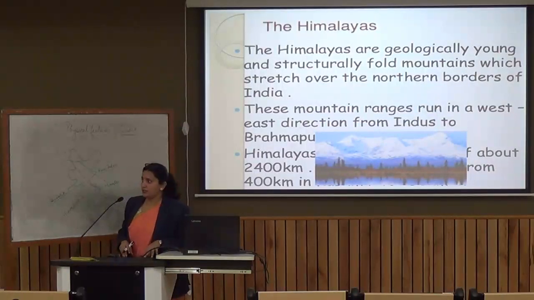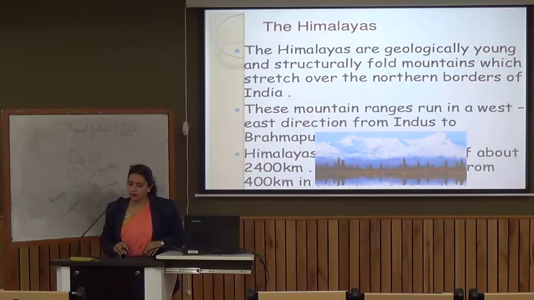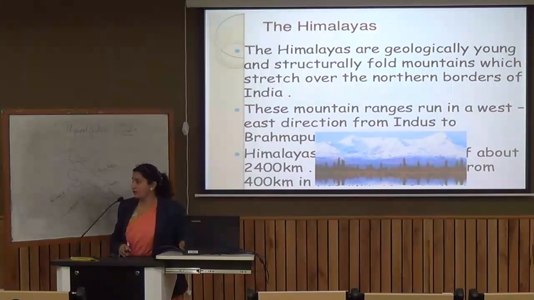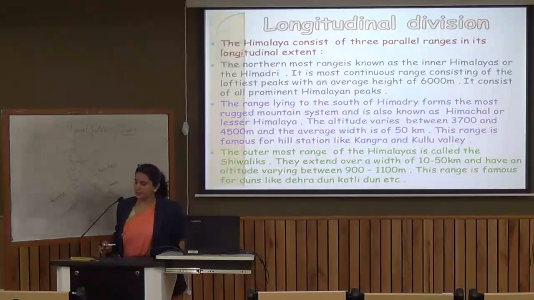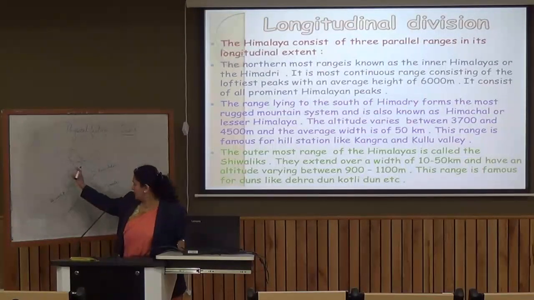These three different ranges are around 2,400 kilometers long and lie between river Indus and river Brahmaputra. This is also called the longitudinal division of Himalayas, that is Himadri, Himachal and Shivalik.